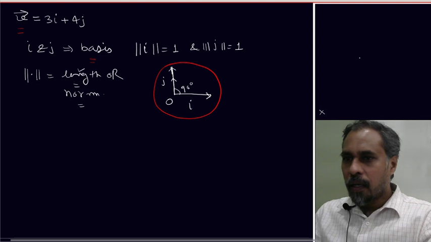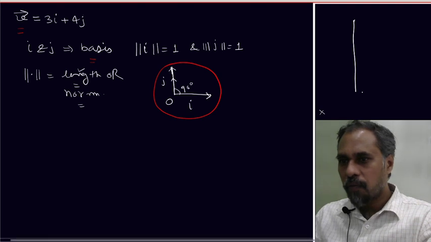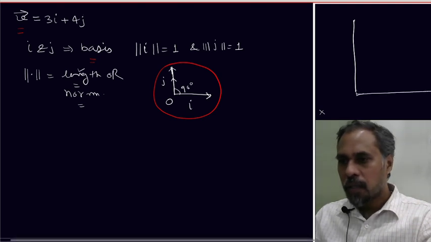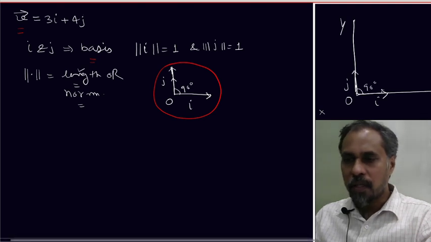I can make a detailed sketch here in Euclidean space. This is the x-axis, this is the y-axis, this is the origin.